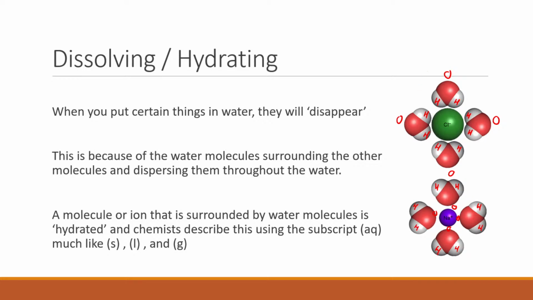Now, what causes this? Why aren't they facing the same way? Why aren't the oxygens always facing in or always facing out? What's the difference between the sodium and the chlorine that might cause this flipping of the water molecules?